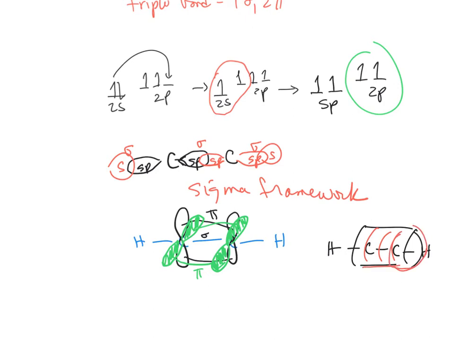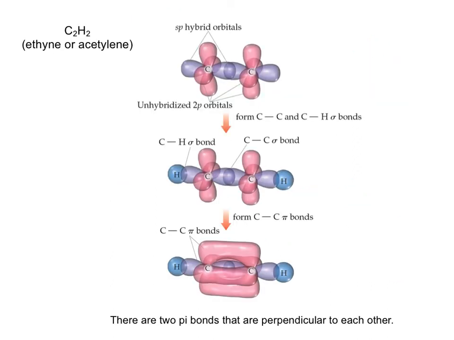So that, in other words, they just start to circle around. The electrons just circle around in a cylinder around this sigma framework. So that's kind of an odd thing, but definitely shown to be true. It's the way it works.